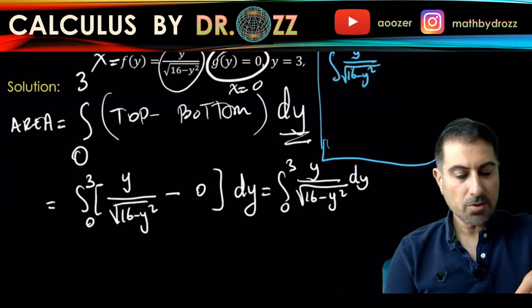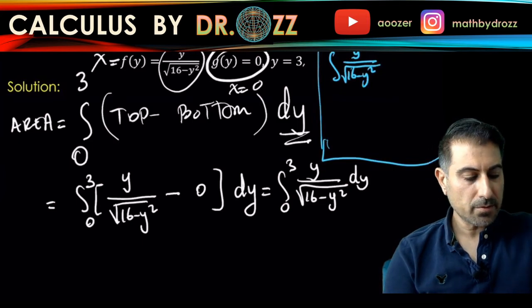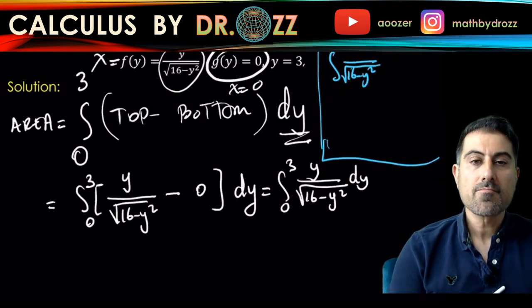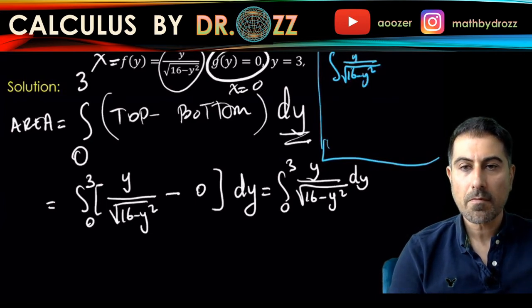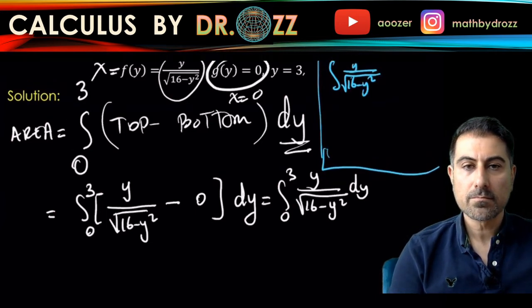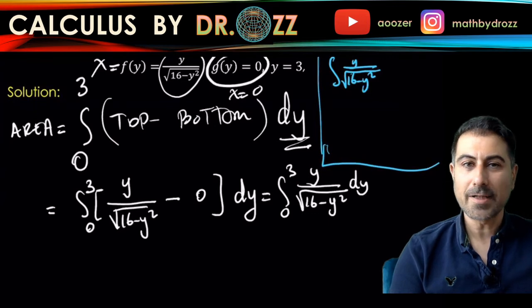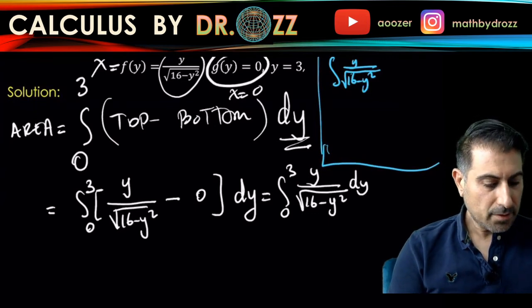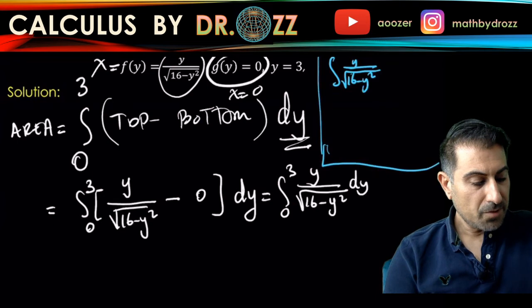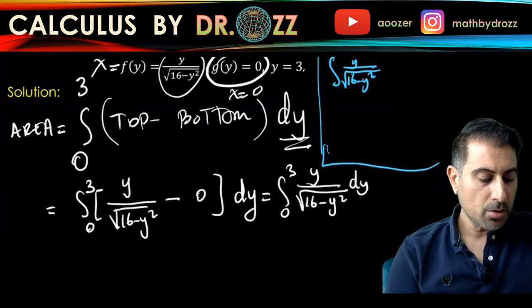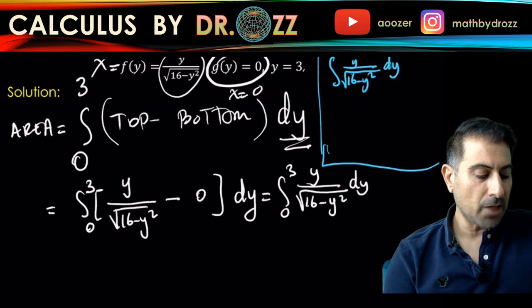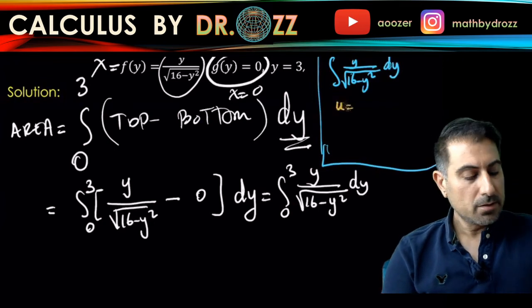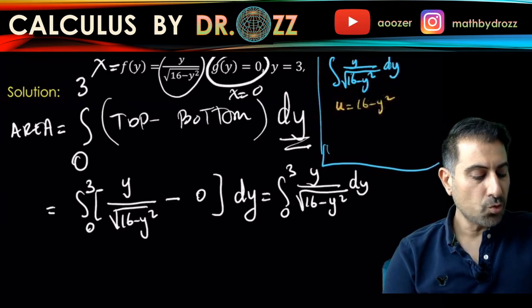Let me just clean this part a little bit so you can actually see better. There we go. Now you see better, I think. All right, so we have dy as well. I'm going to call u the bottom without the radical, so du is going to be negative 2y dy.